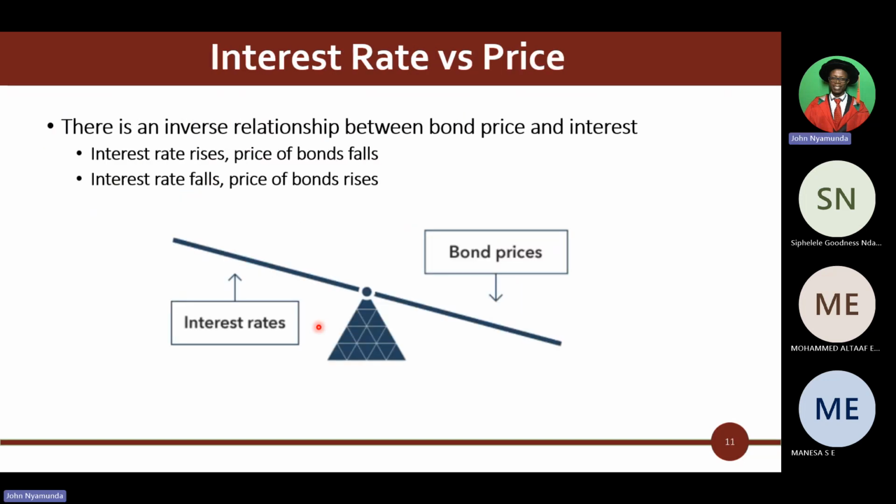Okay, so we solidify: there is an inverse relationship between the bond price and interest. So when interest rate rises, the price falls. When interest rate falls, the price of the bond rises. That's an inverse relationship, what we've already just spoken about there.